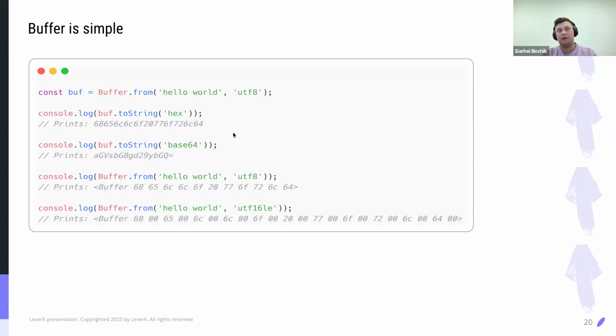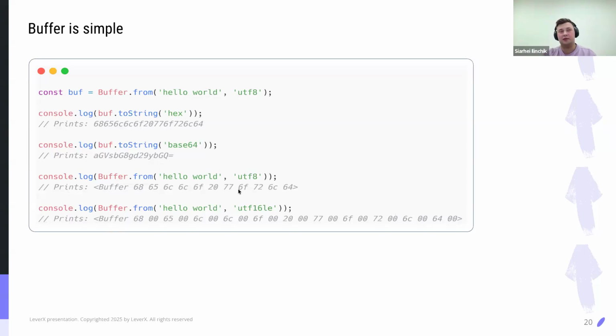After we have received the buffer, we can turn it back to a string, but with a different encoding, for instance hex or base64. So as I said, a buffer can be converted to any string.